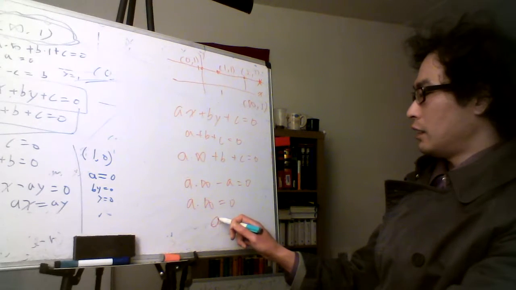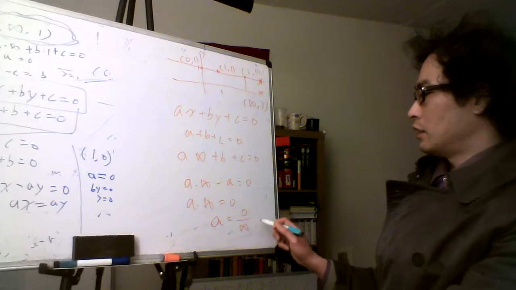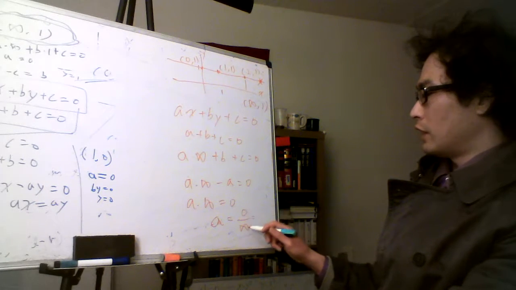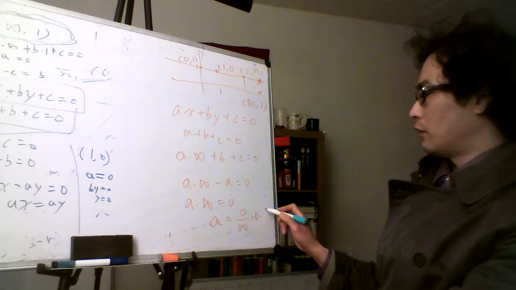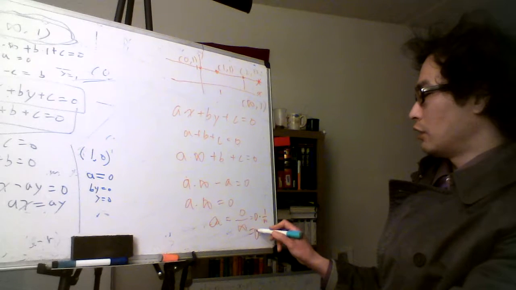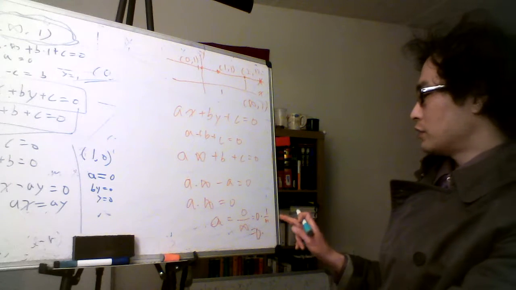So what is a? It is equal to 0 over infinity, which is true 0, okay? Infinity is a variable, okay? So it's like 0 multiplied by 1 over infinity, which is kind of like 0.